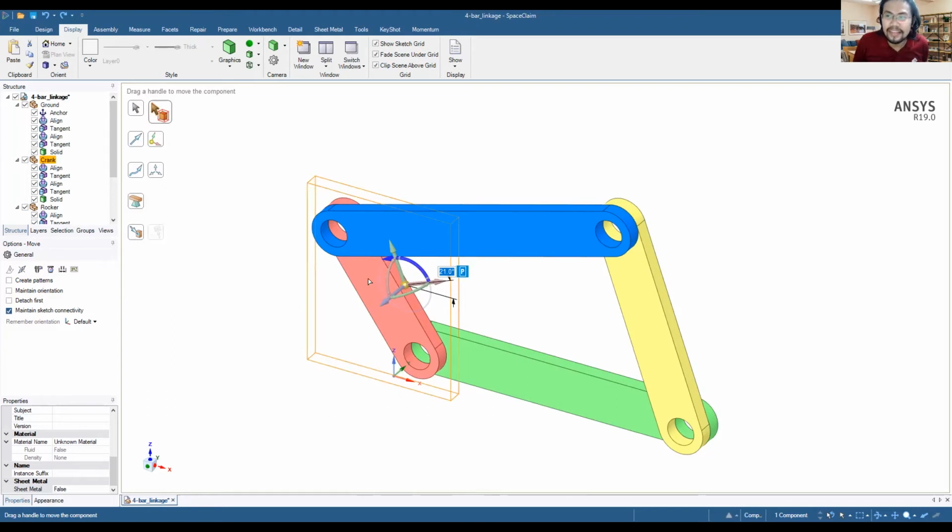Again, it's important to know that there should be a power source, and we'll leave that much later at the end of the class. But here we want to show the movement of the different links, from the crank, the link, to the rocker, and then the frame.